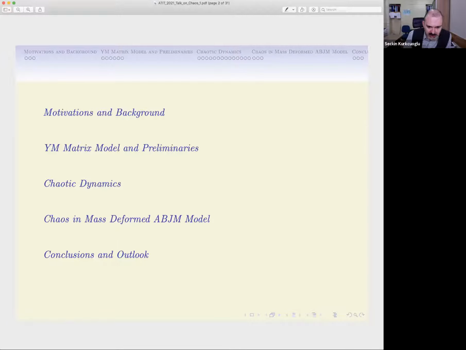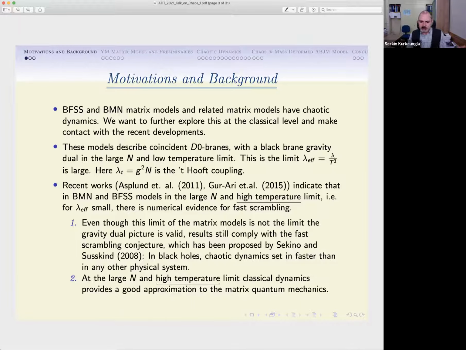And in the remaining time, I will very briefly tell you, without going into the details of the ABJM model, how things are similar in some parts to the Yang-Mills matrix model and how they differ from it a little bit, especially in terms of the temperature dependence of the Lyapunov exponent, which measures the amount of chaos in a system.